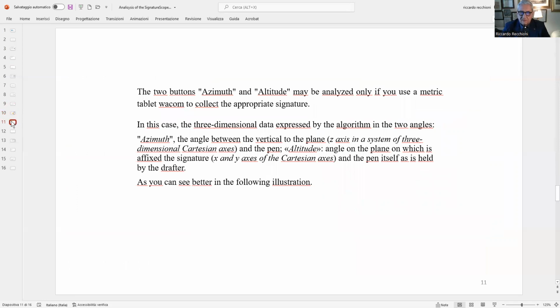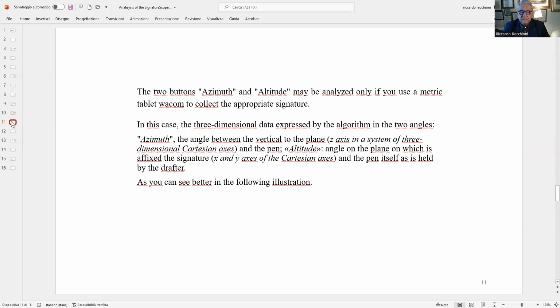The two buttons, azimuth and altitude, may be analyzed only if you use a biometric tablet to collect the appropriate signature. In this case, the three-dimensional data is expressed by the algorithm in two angles.